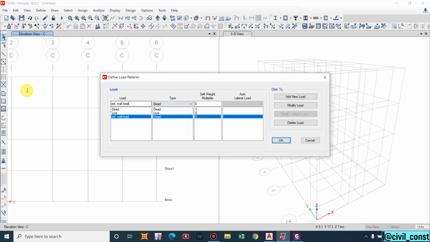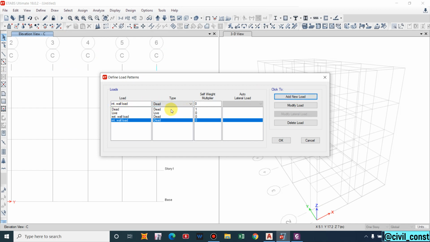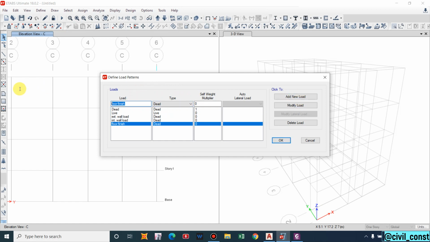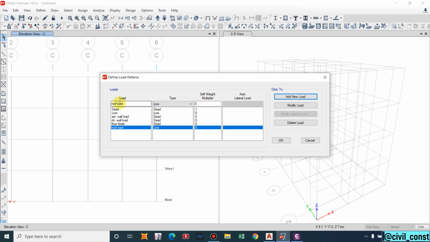Add new load, internal wall load, this is also dead and self weight multiplier will be 0. Floor finish on slab, this is also dead load. Then we have roof load, that is roof live load, so live, add new load.